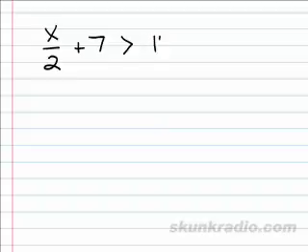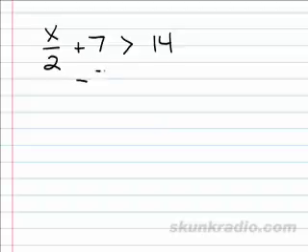We could do one more just to prove to you that working with these inequality symbols is really no different than working with the equal sign in equations. How about something a little different? X over 2 plus 7 is greater than 14. So the first step is to get rid of this positive 7 on the left side.